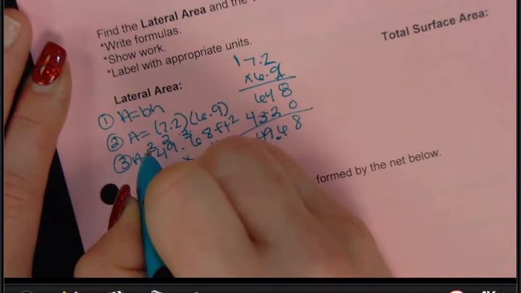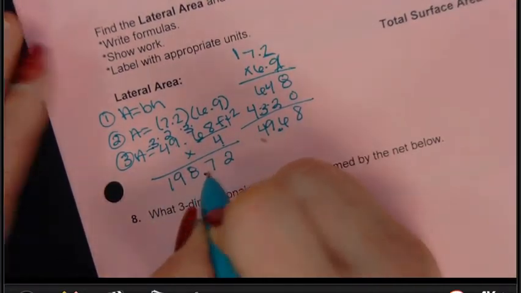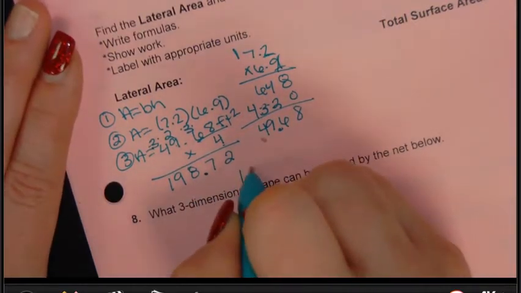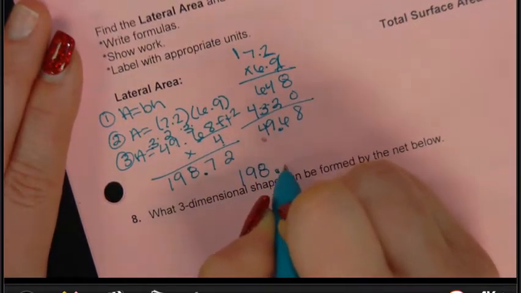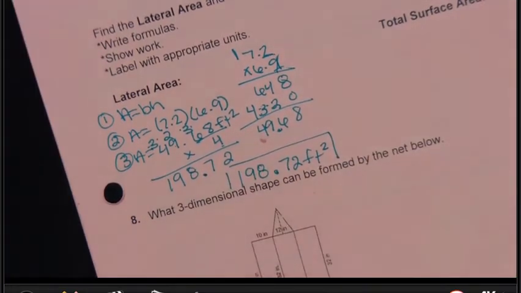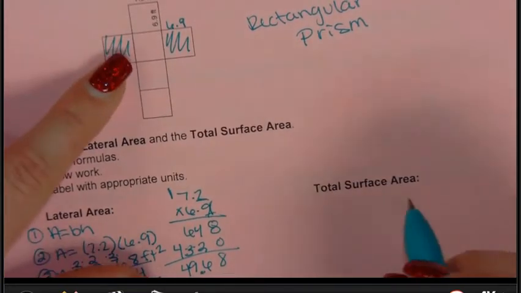And then 4 times 4 is 16, 17, 18, 19. It looks like I have 2 decimal places, so I'm going to add 2 more decimal places to have a grand total of 198.72 feet squared in lateral.